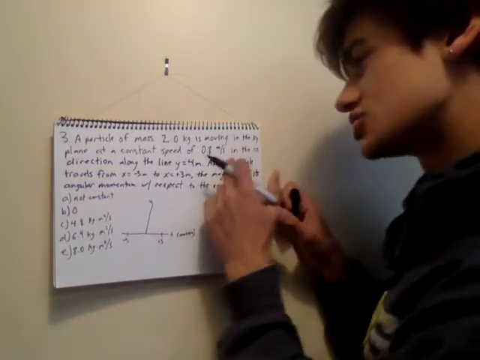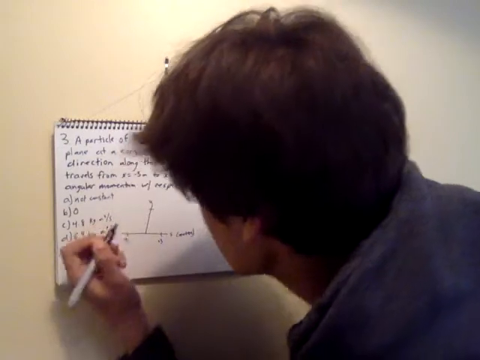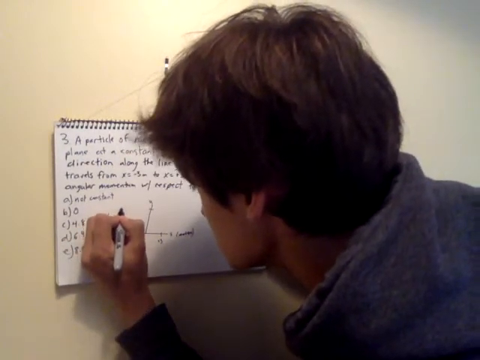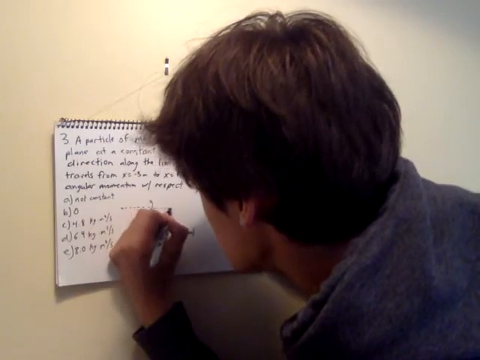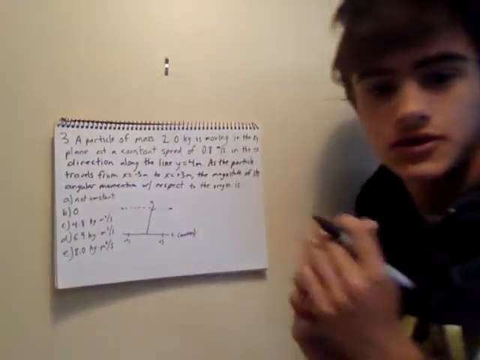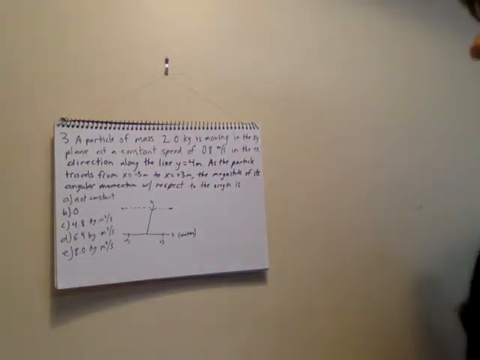And then it's traveling along the line y equals 4 meters, so that's about here. So the particle is going like this. It starts here, it goes. That is what the movement of our particle essentially is looking like.